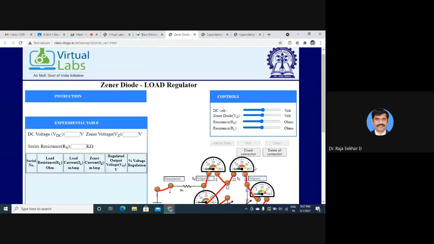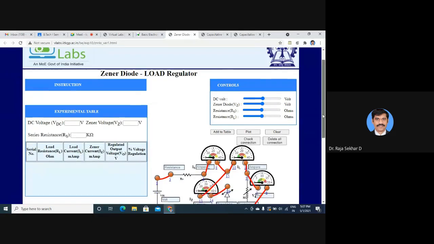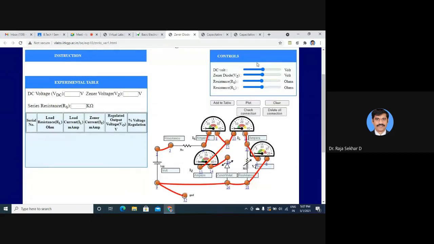Now check the connections, whether they are correct or wrong. Right connection, no problem. Now set DC voltage to 6 volts, VDC. Where is VDC? Here. To change this, the VDC reading will change. Keep it as 6 volts.